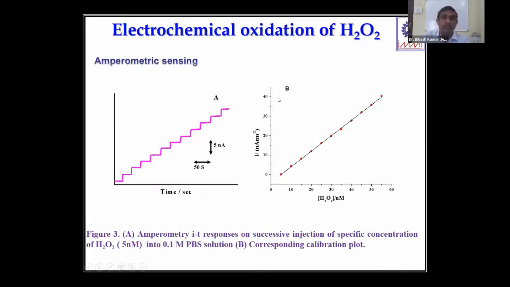Then we did amperometric sensing, through which we could monitor the concentration of hydrogen peroxide. Here it shows amperometric sensing to 5 nanomole, but we could detect sub-nanomolar concentrations of hydrogen peroxide by this graphene and platinum nanostructure.